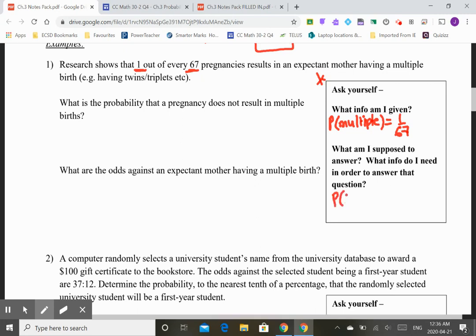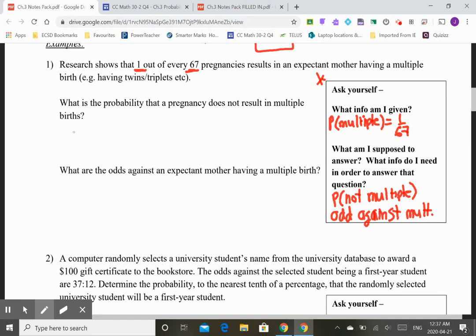We want to know the probability of not a multiple, which means we have to know how many pregnancies do not result in having a multiple. And then we also want to know the odds against having a multiple. So we have to know what odds against means, and we have to know what numbers represent our favorable and unfavorable outcomes.